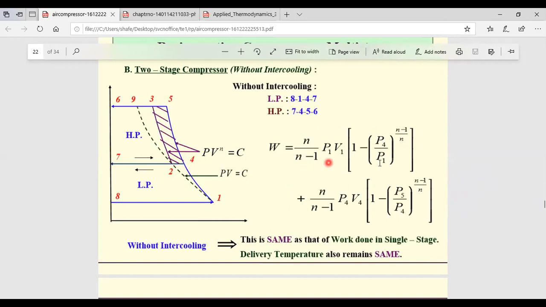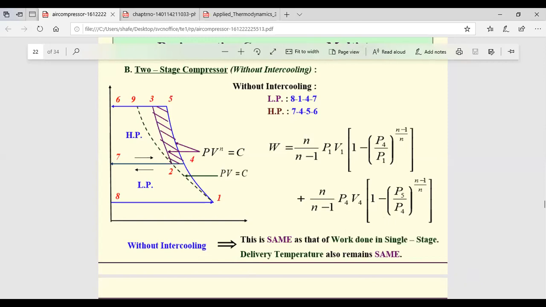The low pressure cylinder work is n by n minus 1 into P1 V1, 1 minus P4 by P1 whole to the power of n minus 1 by n, plus the high pressure cylinder work, n by n minus 1, P4 V4, 1 minus P5 by P4 whole to the power of n minus 1 by n. If you add both, it becomes the multi-stage compressor work. This is without intercooling.